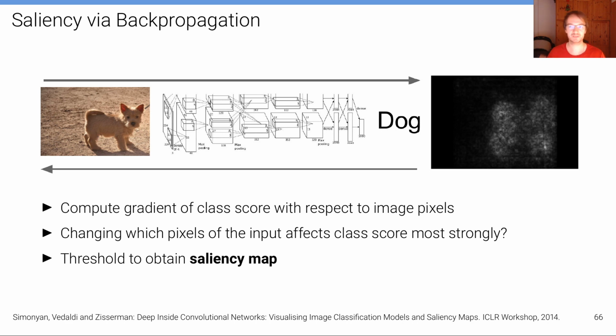And then you display the magnitude of this gradient. You get an image like this. And this shows you how much a change in any of these input image pixels would actually affect the class score. So the white pixels here demonstrate that in these areas, changing the input pixels would affect the class most strongly.